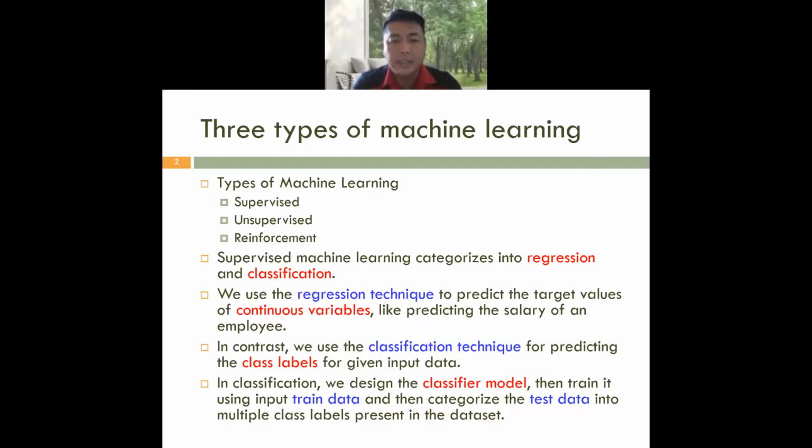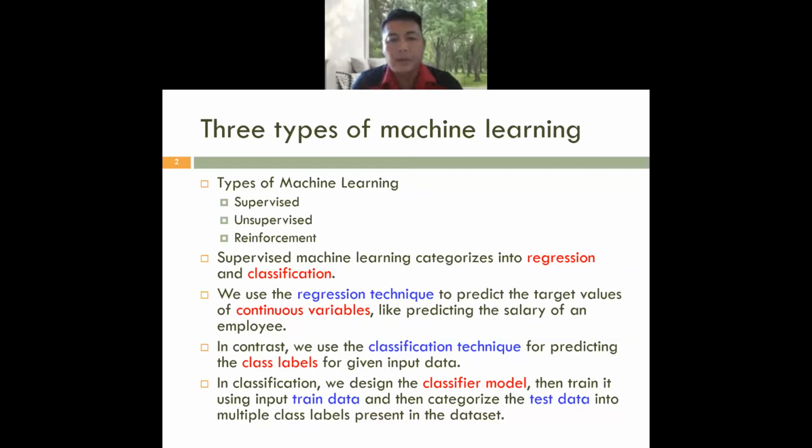In contrast, we use the classification technique for predicting the class label for given input data. This is when we want to predict a class membership. If you have a label like buy or not buy, male or female, pass or not pass, that is what we consider a class label. So we call it classification.